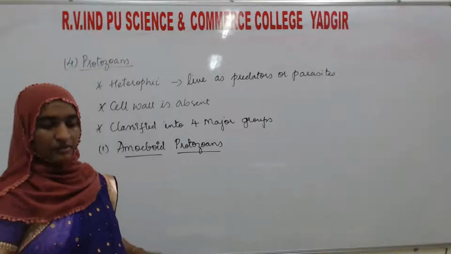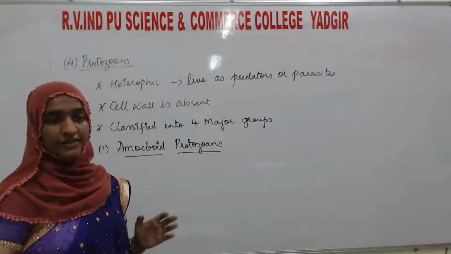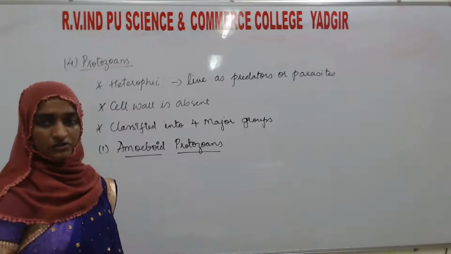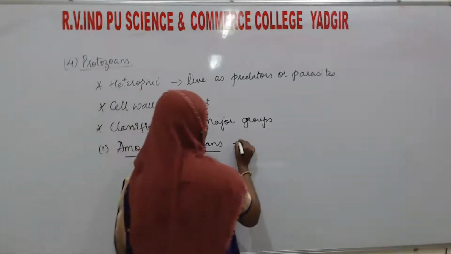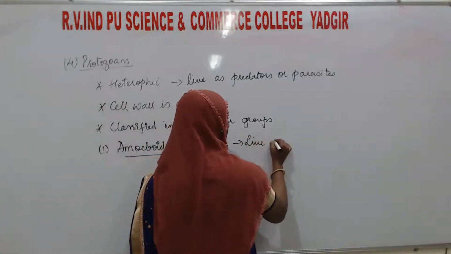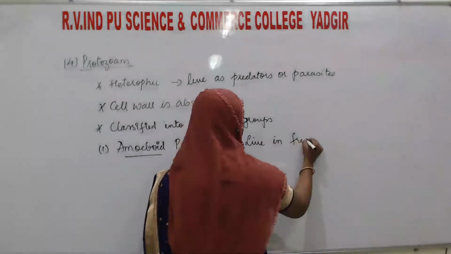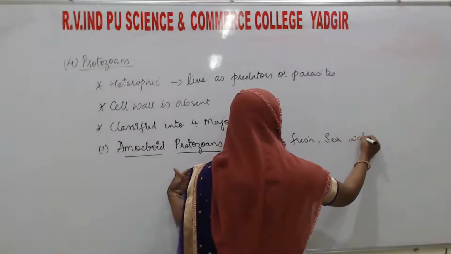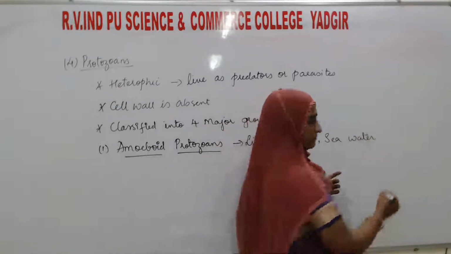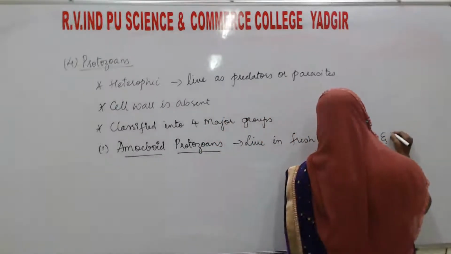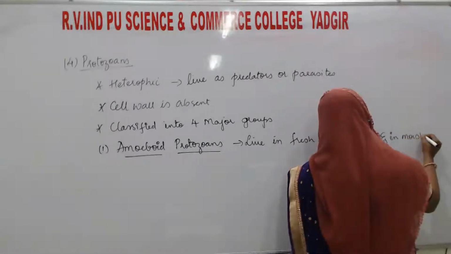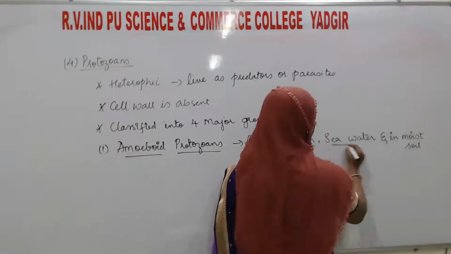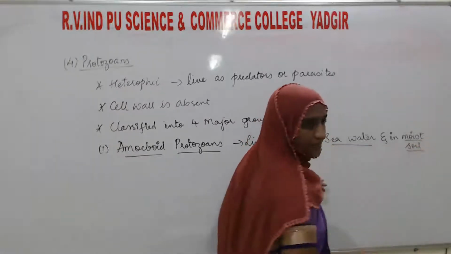This is the first group of protozoans. These protozoans live in freshwater, seawater, and in moist soil.